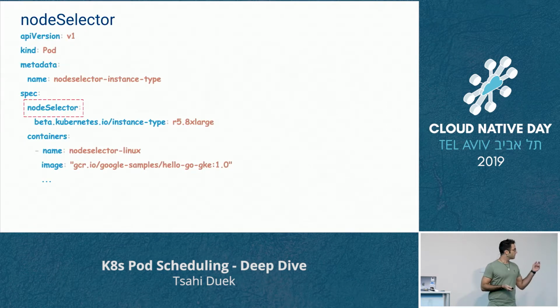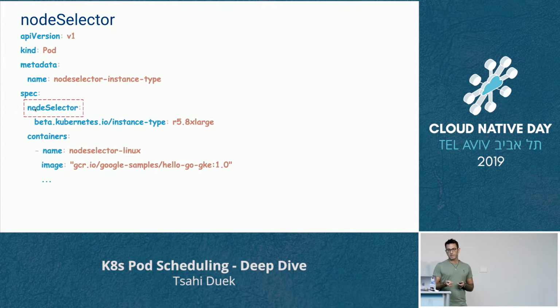This is kind of easy, and I'm guessing a lot of people who are new to Kubernetes learn this very quickly. We get to this using a node selector. A node selector gives the scheduler information about which label and which value to look up on a node, and then schedules this pod on that specific node.